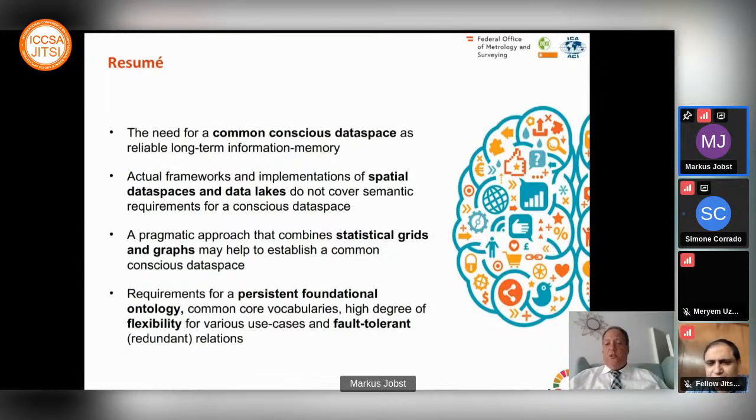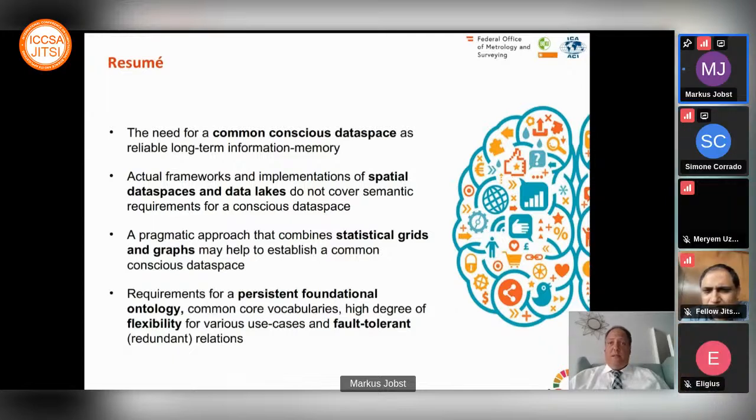And as you know, if you ask graphs to deliver an answer, the graph is building up the relations, maybe in real time. And therefore, an a priori ontology is not sufficient. Therefore, our approach was, at least for the spatial and topographic content, to have a foundational ontology.